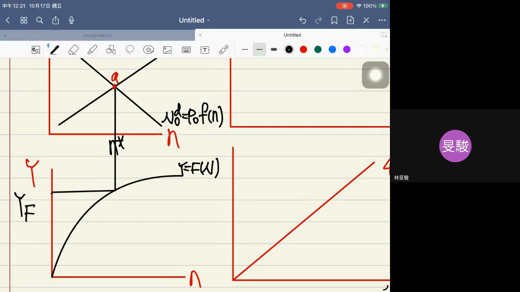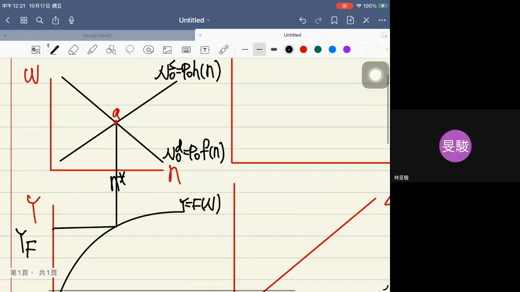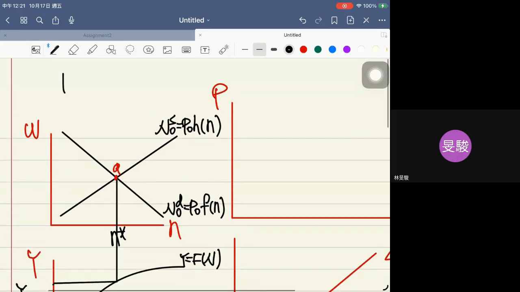And now suppose the price level rises to P1. Initially it is P0 and it rises to P1.